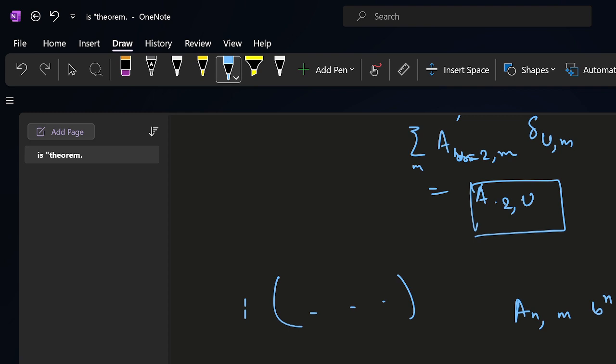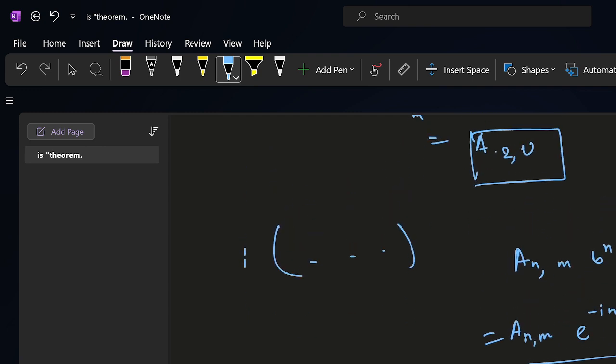For simplification, I just wrote it in terms of b and a, otherwise it becomes a pretty huge term and messy to calculate. So it just becomes e to the power of minus i n phi and e to the power of minus i m theta.